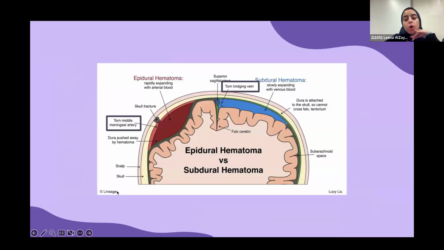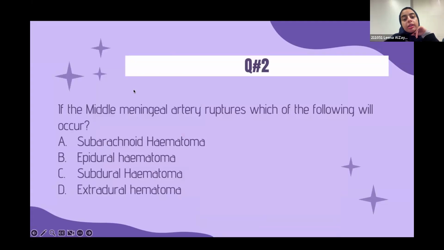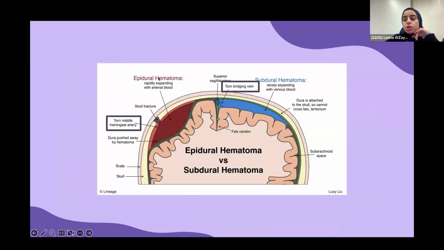And the reason why is because, oh, sorry. I think there's a mistake, because epidural and extradural have the same meaning. So the answer is going to be extradural or epidural. I apologize for that, because epidural is literally the same as extradural. So you're completely correct, Hiba.